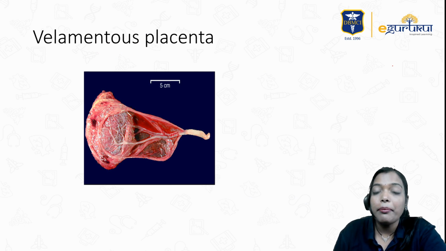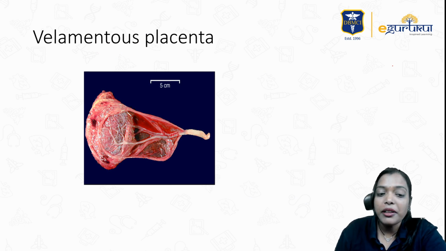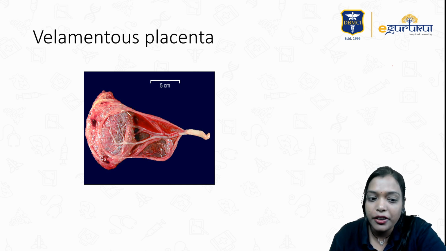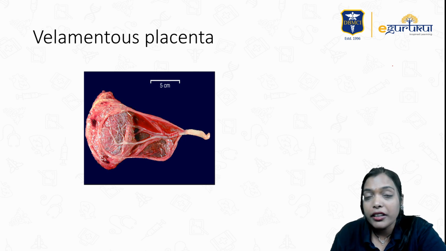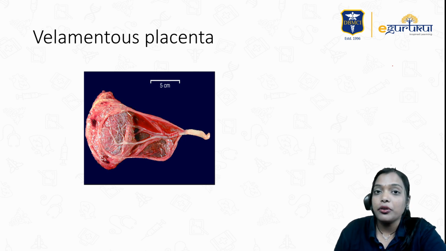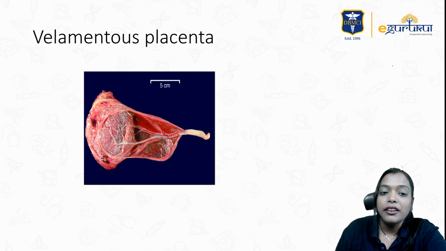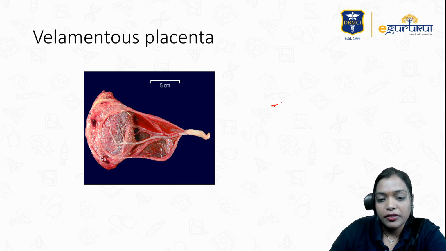Next variety is Velamentous placenta. When the umbilical cord, instead of getting connected to the fetal surface of the placenta, gets connected to the membranes, you call it Velamentous placenta.